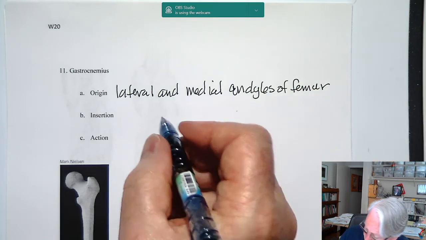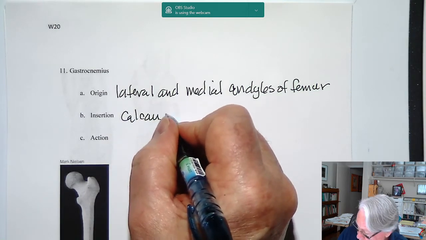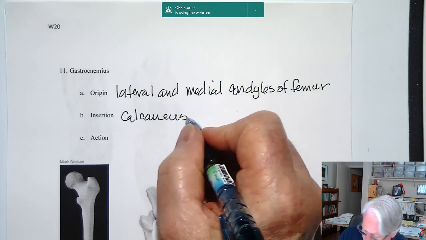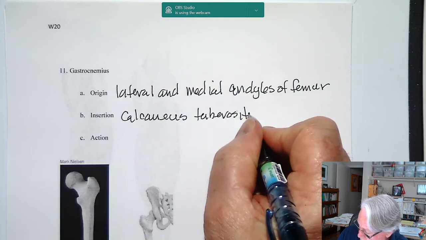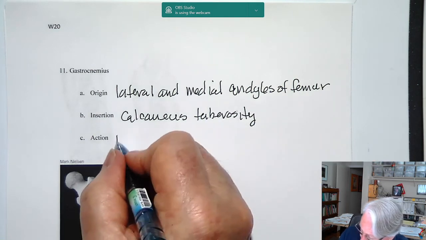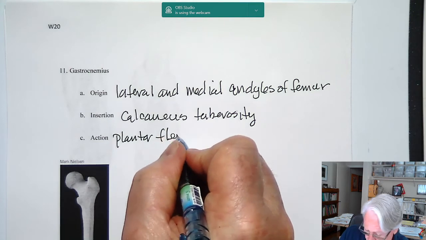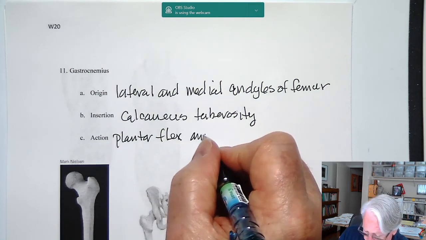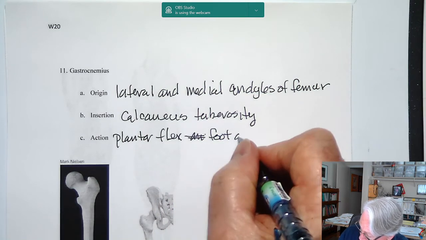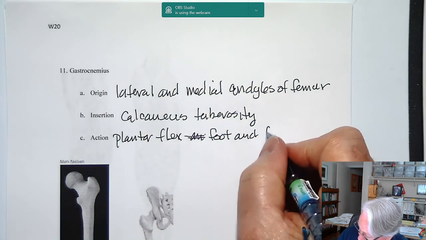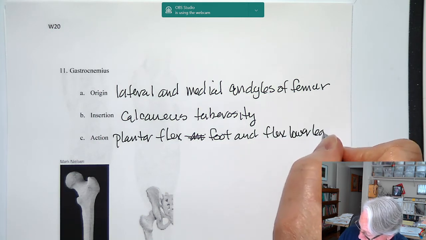The insertion is the calcaneal or calcaneus tuberosity, and the action is plantar flex the foot, I apologize, and flex the lower leg. Okay.